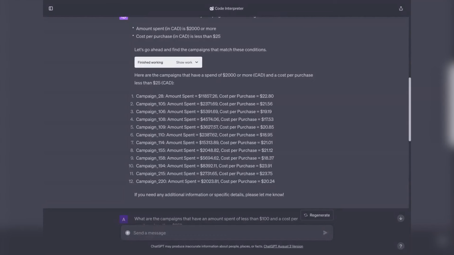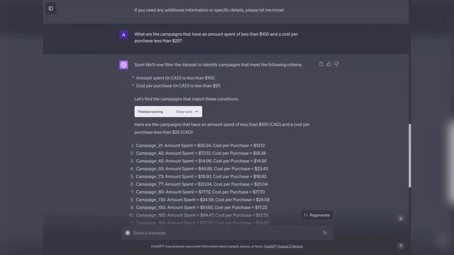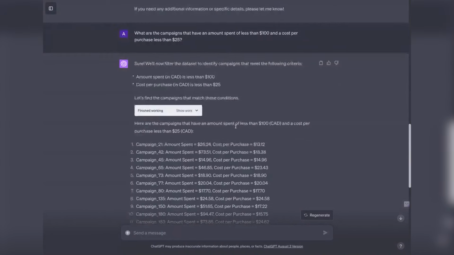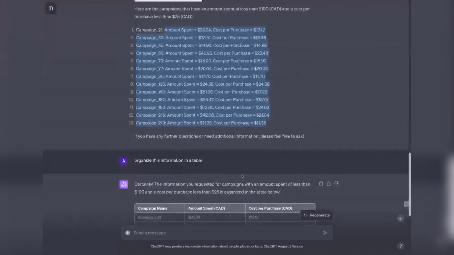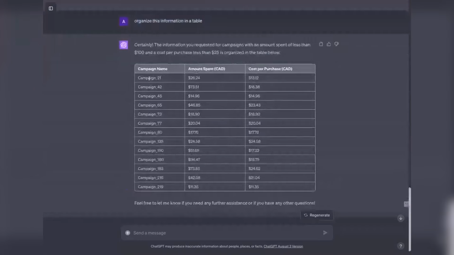As an example here, a prompt you could use is, what are the campaigns that have an amount spent of less than $100 and a cost per purchase of less than $25, just for illustration. And it actually spat this all out for me. One of the things I like about Code Interpreter is that you can make this look a lot easier to read, so I had it organize this info in a table. Now I have a very clean layout of some up and coming campaigns, right?